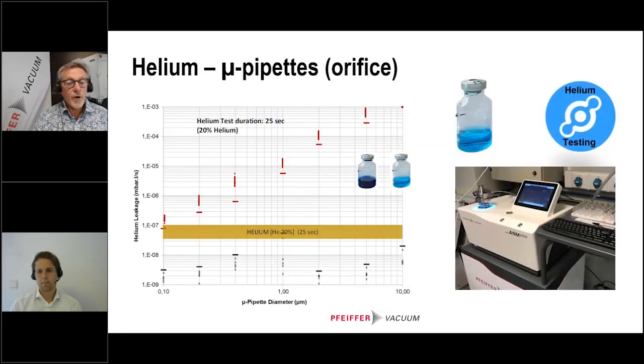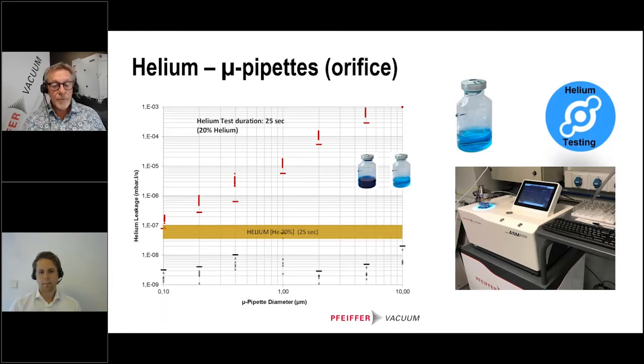And we did the same for micropipettes, but of course, as we have demonstrated before, a glass micropipette of 20 microns gives a larger flow compared to a microtube of 20 microns. So it's not a big surprise to see that with 20% helium inside the container, we can detect down to 0.1 micron glass micropipettes.